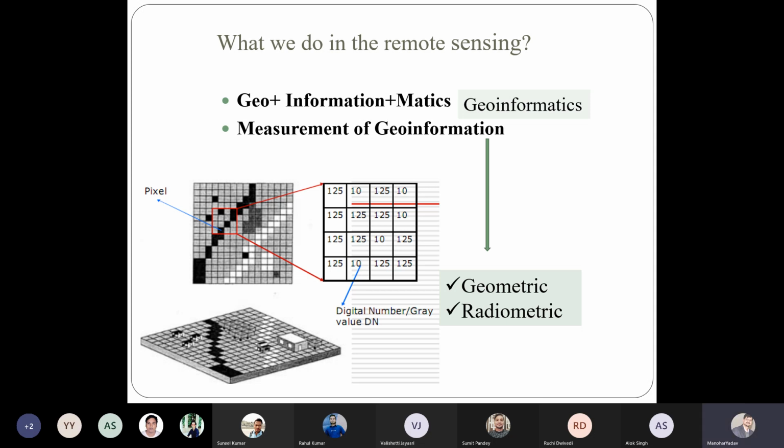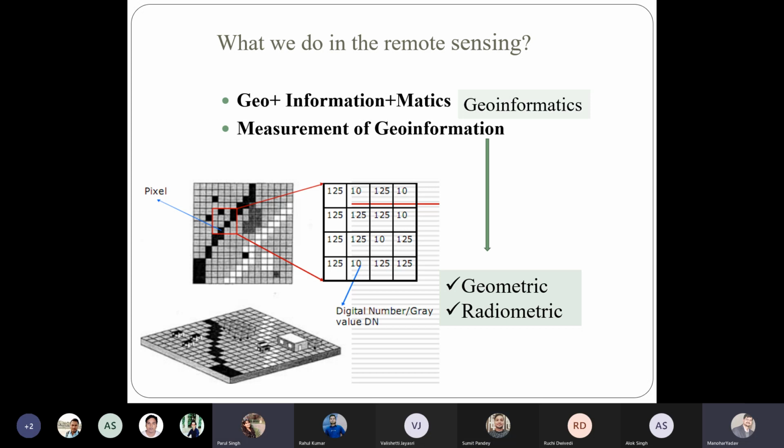What do we do in remote sensing and how is it done? Whatever you know, you can discuss with me, or you can discuss with the class. Yeah, Parul, you want to speak?